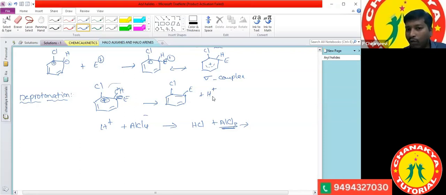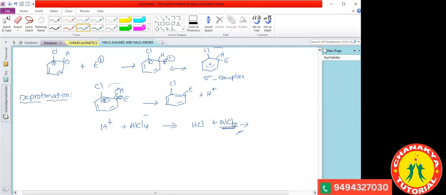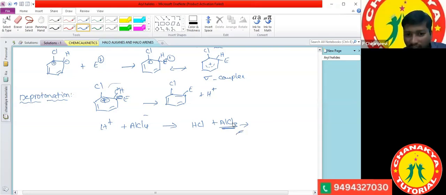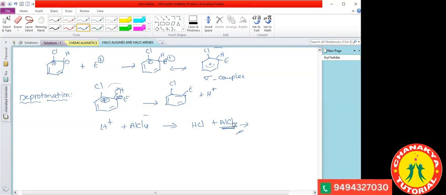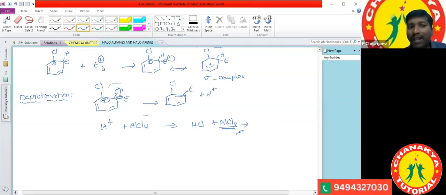The H plus combines with AlCl4 minus and forms HCl and AlCl3. Now we got the clarity? The electrophile gets substituted instead of the H. H gets removed. Already we substituted the electrophile in the second step only, by shifting of the pi electrons.